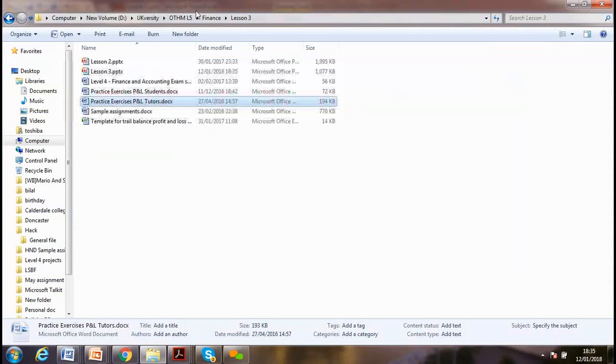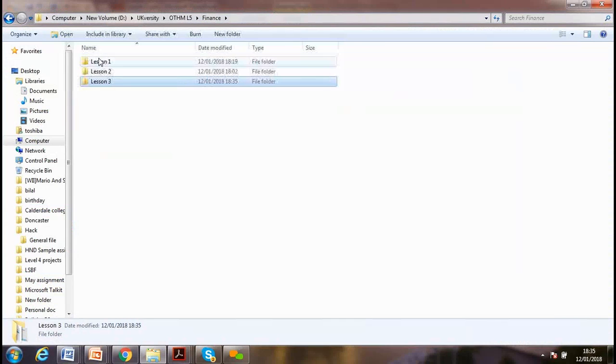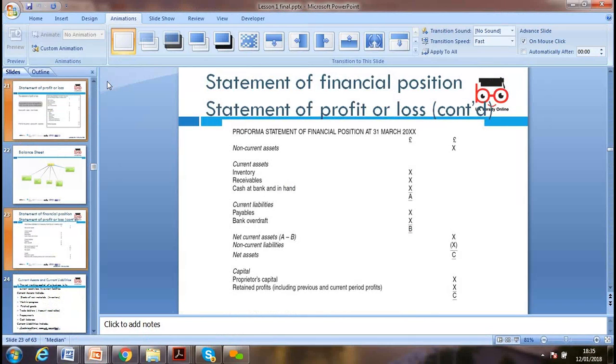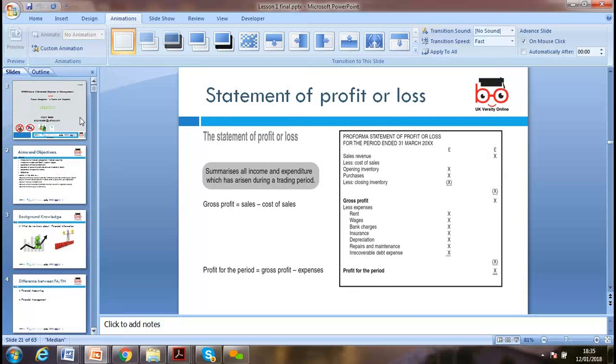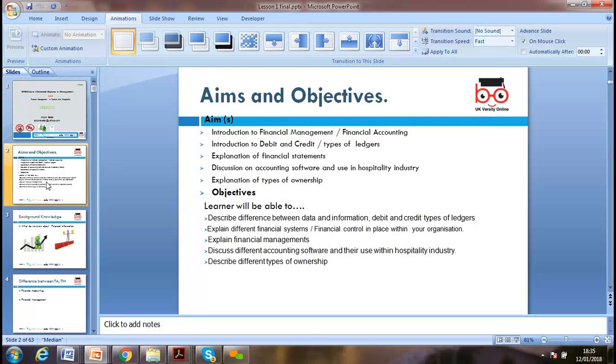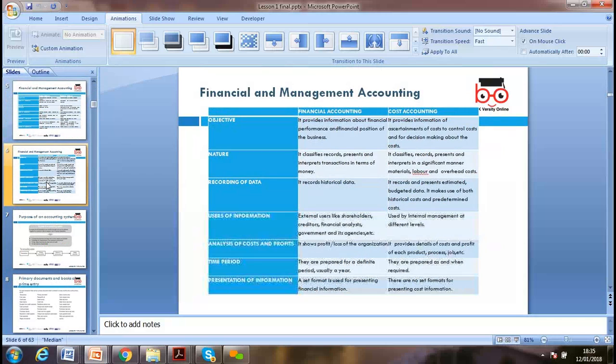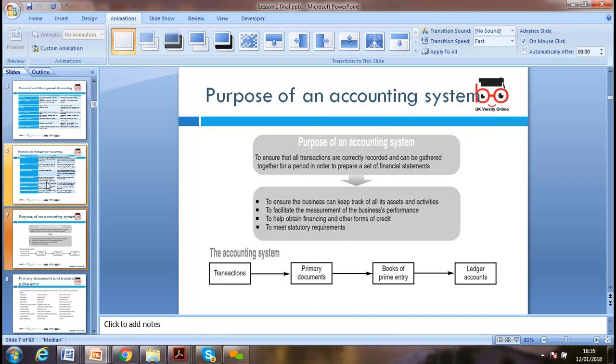I'll show you as well. During our first lesson we discussed financial management, financial accounting, financial information, types of information. We discussed the purpose of an accounting system, transactions, primary documents, books of entry and ledgers.